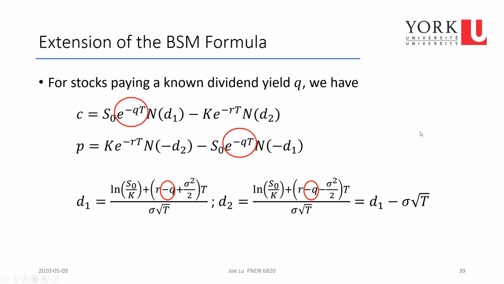And then we will rederive our fundamental partial differential equation, allowing the stock to pay a dividend yield, and see what kind of a new form the fundamental PDE will take. And by solving that, under the new form, we will naturally have this being the solution. Okay, so the two are consistent.